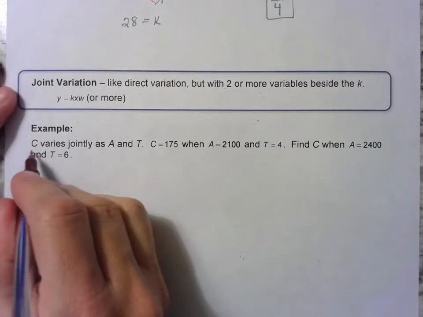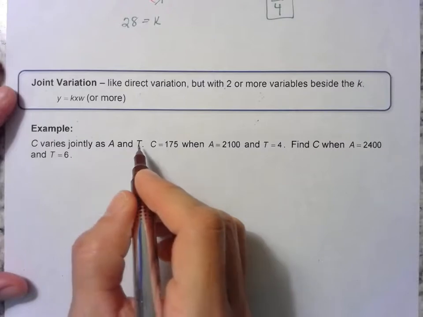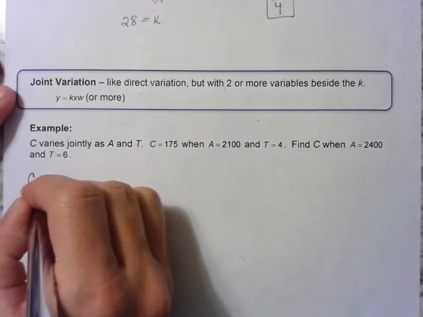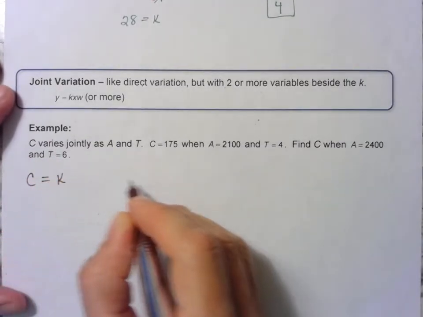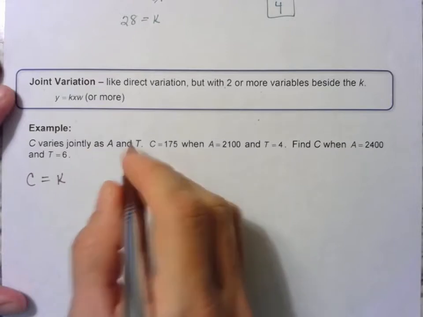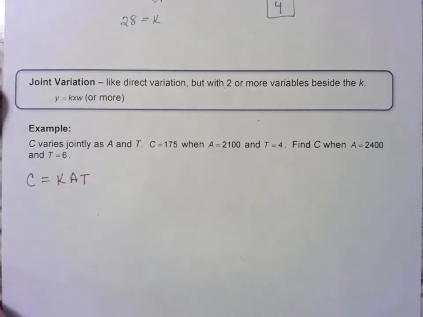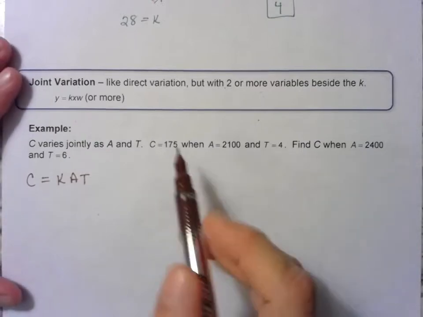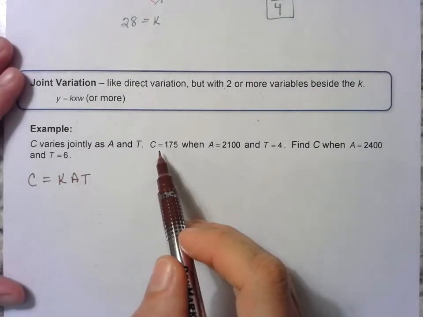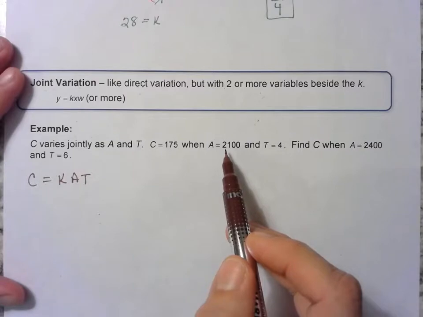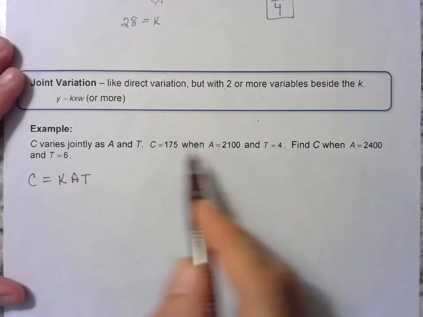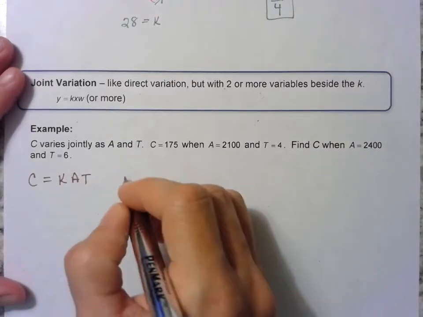C varies jointly as a and t. C varies jointly means straight across as a and t. We have our formula. C is 175 when a is 2100 and t is 4. We can use this to find k.